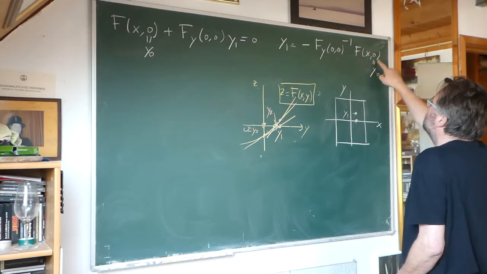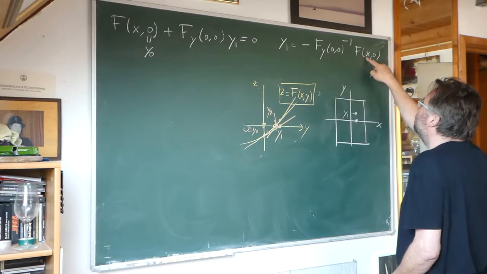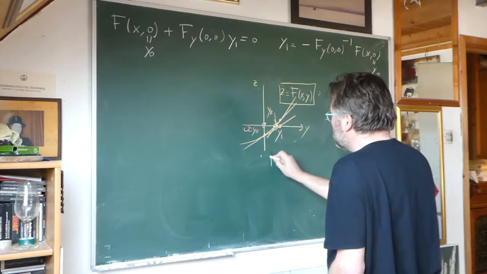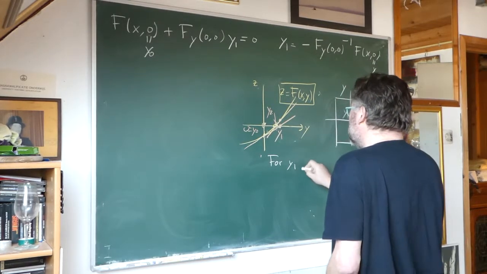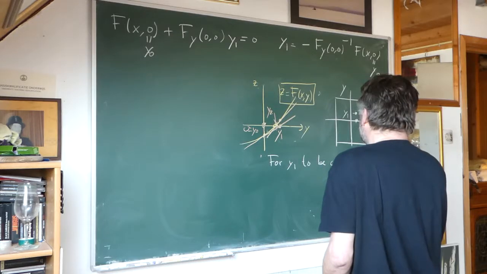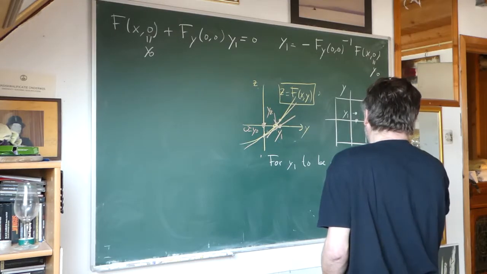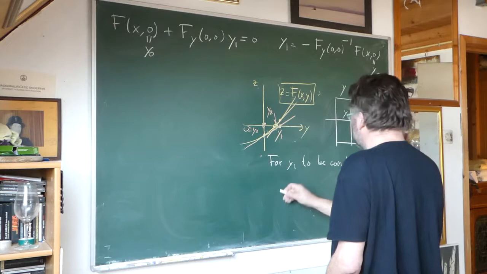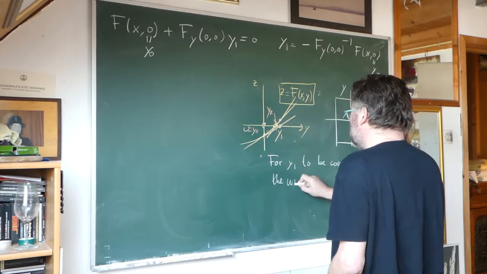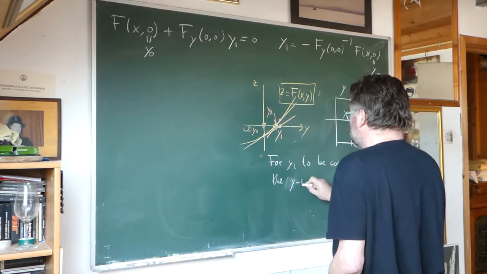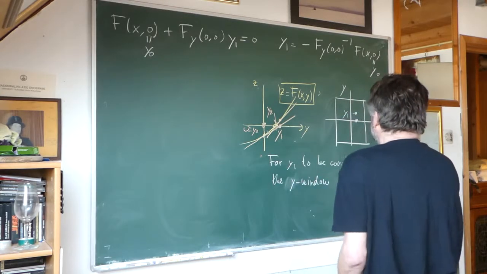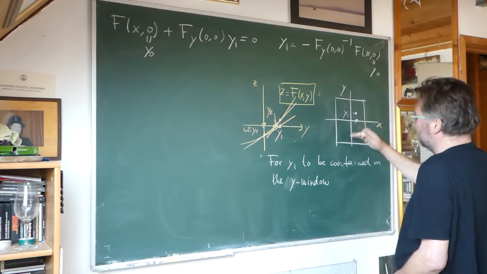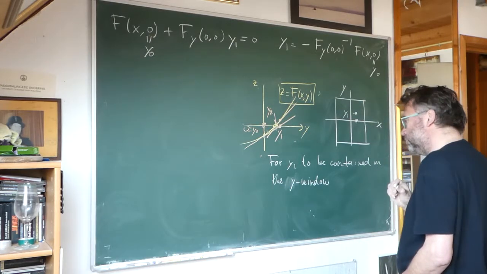Now, I know that f of 0 and 0 is 0. For y1 to be contained in this window under consideration, which I still have to choose, the y window is an estimate on y, how big it can be, over here and over here. It has to be between these two.